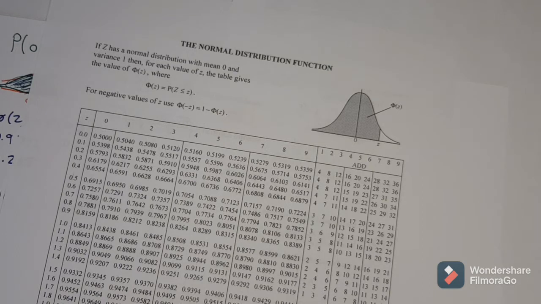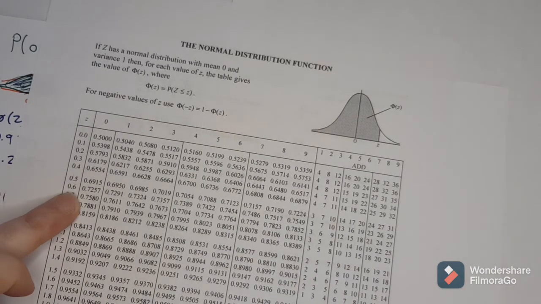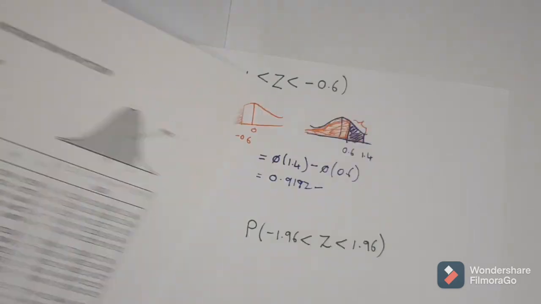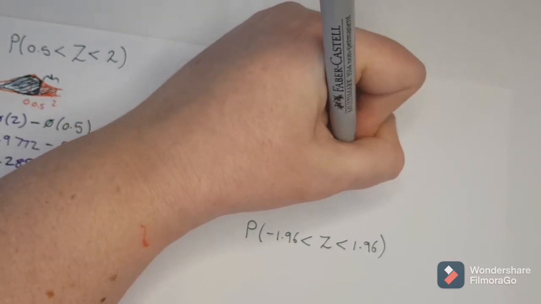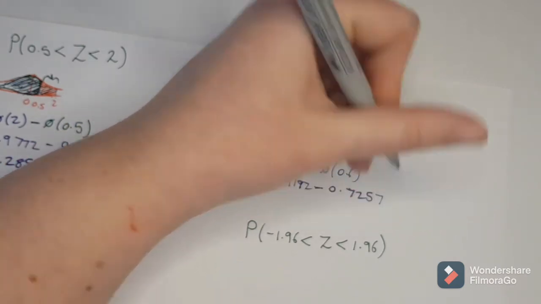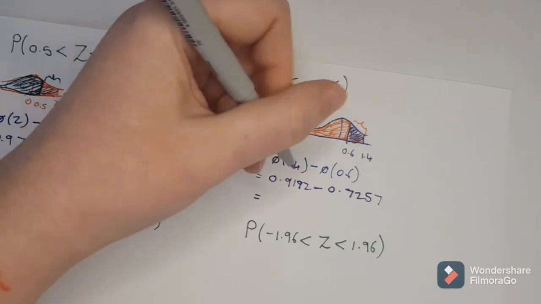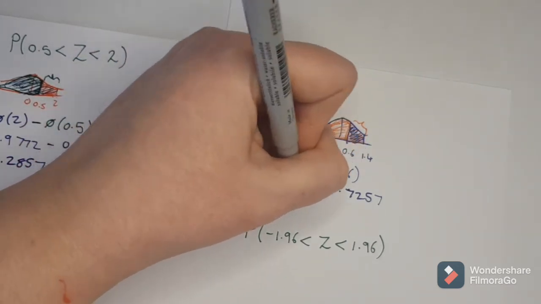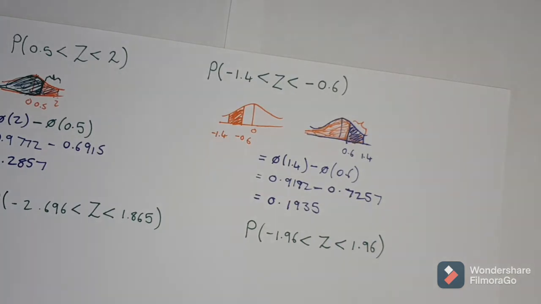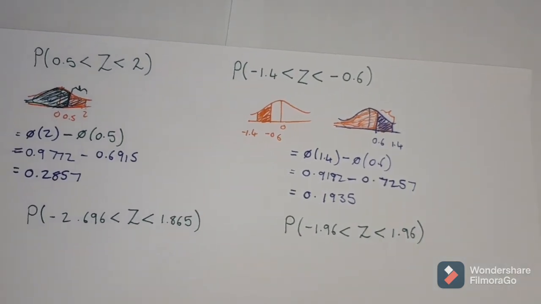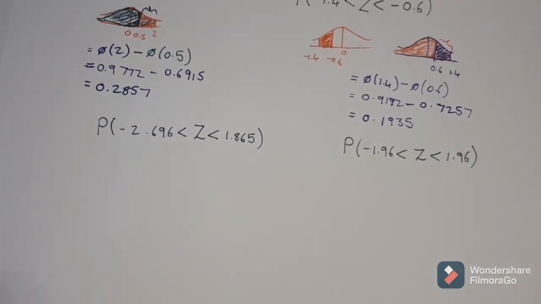So now I'm going to find 0.6 on the table, and I get 0.7257. So I'm going to say minus 0.7257, and that will give me 0.1935 as my answer.